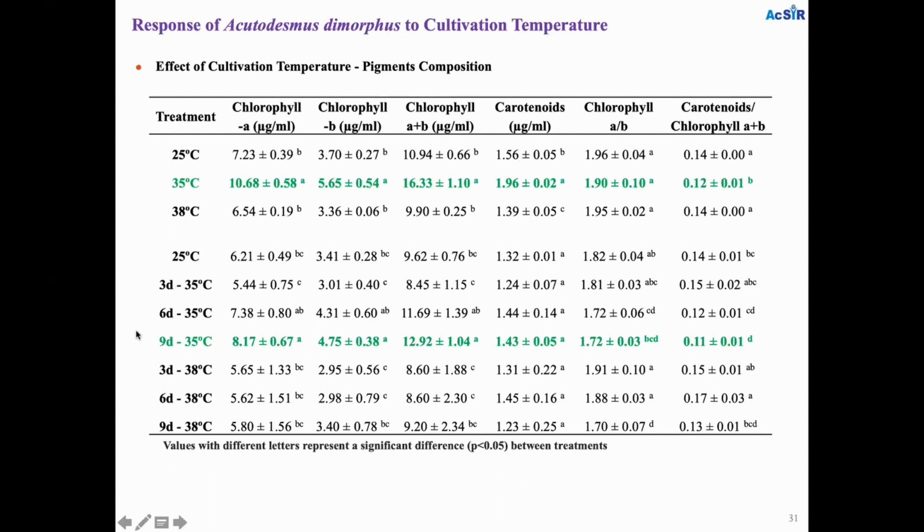Similarly, when the cells were exposed from 25 to 35 for the 9 days of stress, you can see that the chlorophyll content was highest. This suggests that the better the time, the better the adaptation of the cell at 35 degrees centigrade.